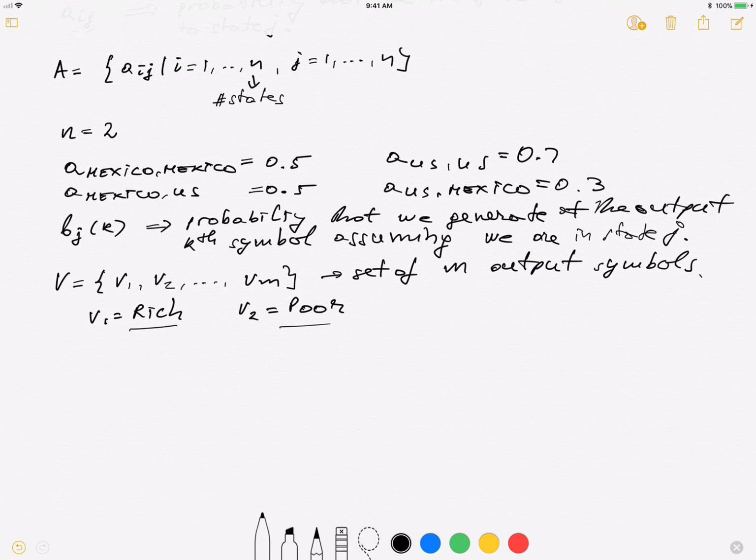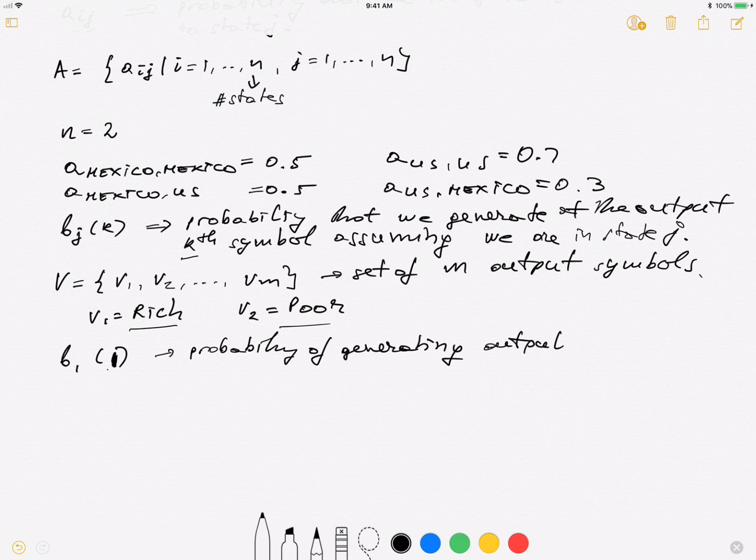So, what are the probabilities? B1 of 1 is the probability that we generate the first output symbol, output 1, if we are in state 1.